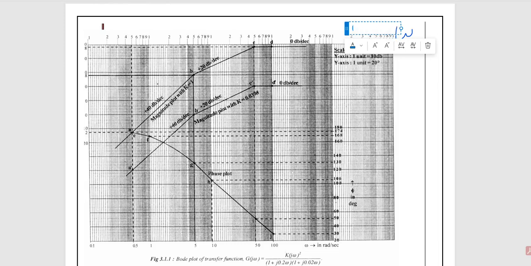Here they have taken this as 0.1, so that means this is 0.2, this is 0.3, this is 0.4, and this is 0.5. So this value is 0.5.